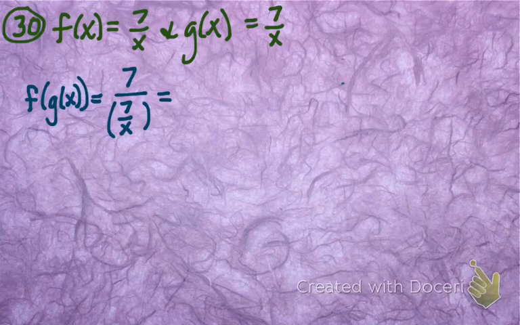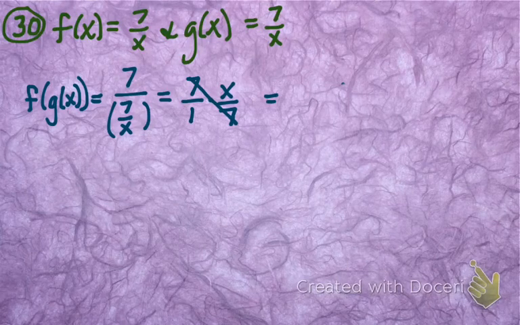So then we use the rules as we know them. We keep the top, and let's go ahead and put a 1 under it. And then we reciprocate the bottom, applying the rule that dividing by a fraction is the same thing as multiplying by its reciprocal. And when we do that here, we get the x we were sent to find.